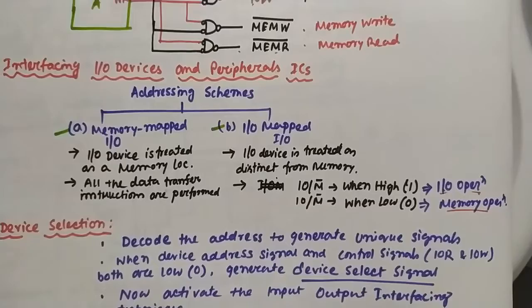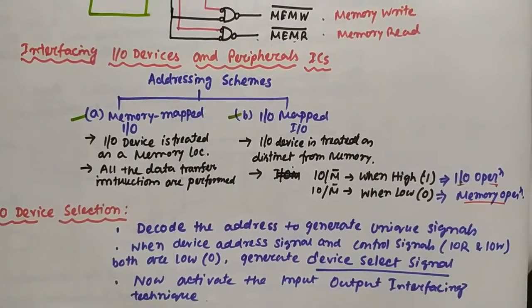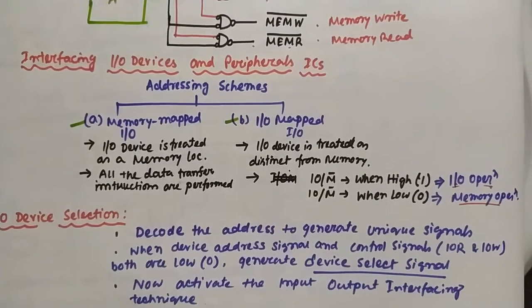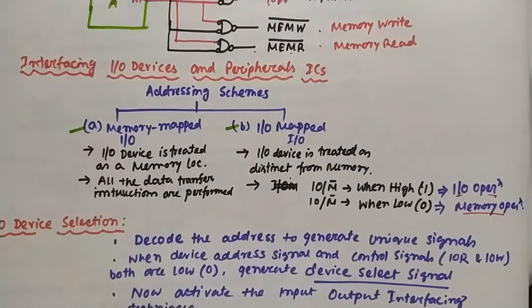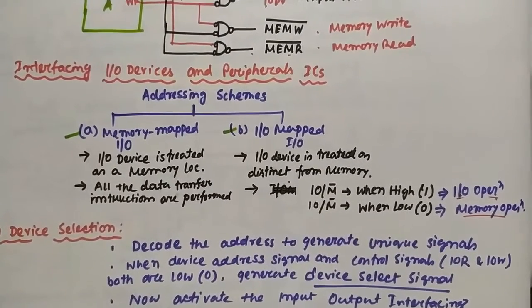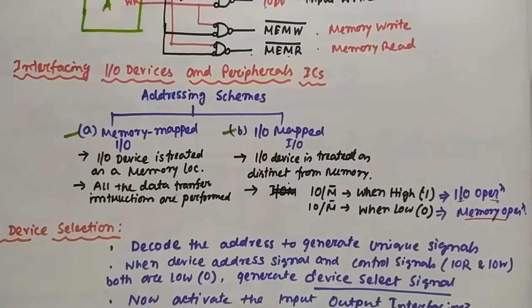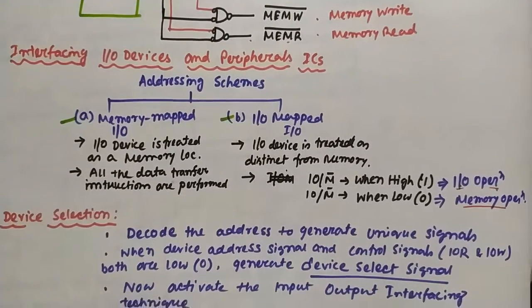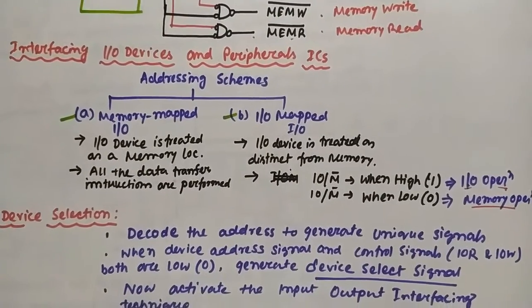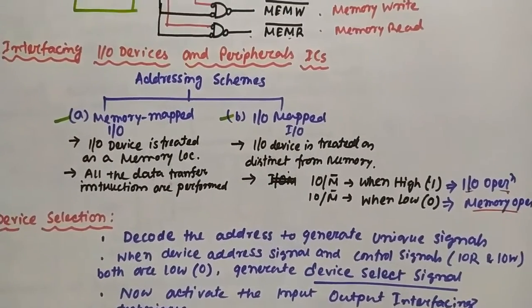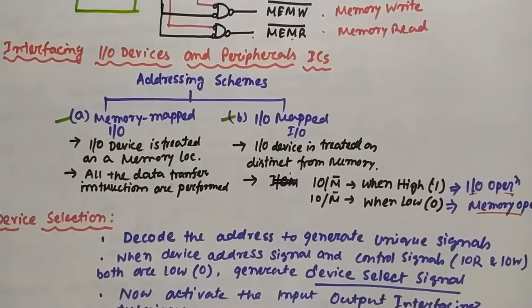Second, when the device address signal and the control signals like IOR and IOW both go low, that means 0, then you have to generate the device selection signal by which the chip of that particular device is selected and activated.